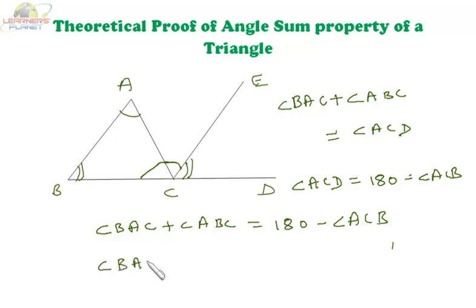So angle BAC plus angle ABC plus angle ACB is 180 degrees. And these three are the three angles of this triangle. So the sum of the three angles of a triangle is 180 degrees, and the proof is quite simple, and if you are asked in the examination, you can do it very well.